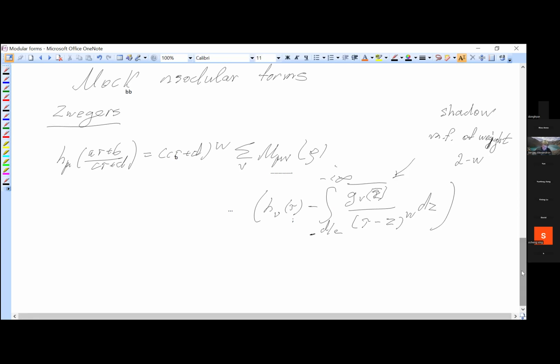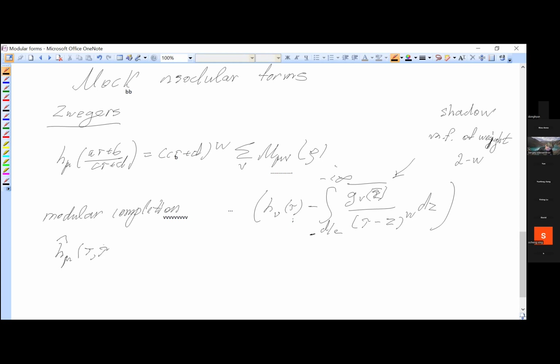Alternatively, one can give another definition in terms of the so-called modular completion. So what is a modular completion? A modular completion is a modification of the original function such that it transforms already as a proper modular form. Usually it's denoted by H hat, and what is important is that for a mock modular form, it's already a non-holomorphic object.